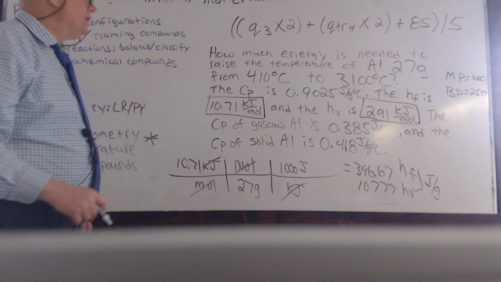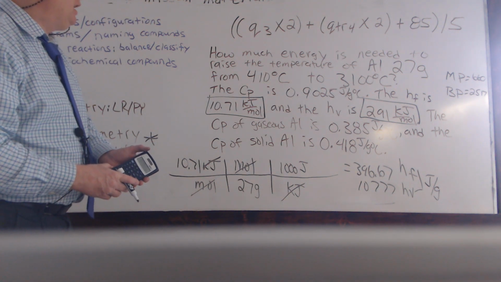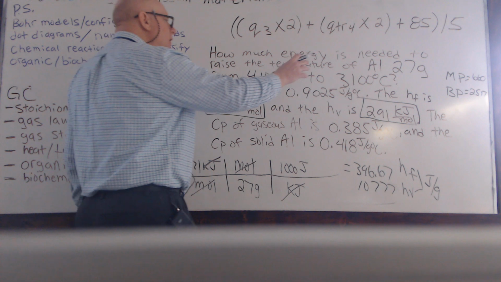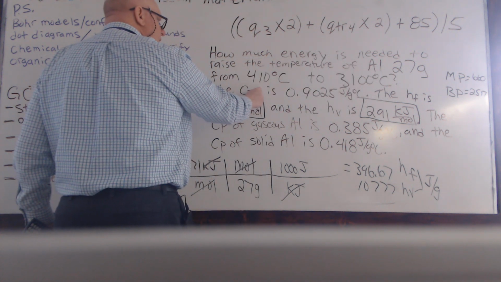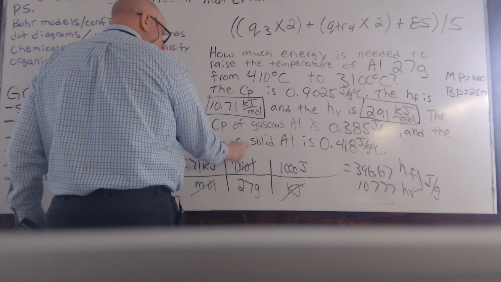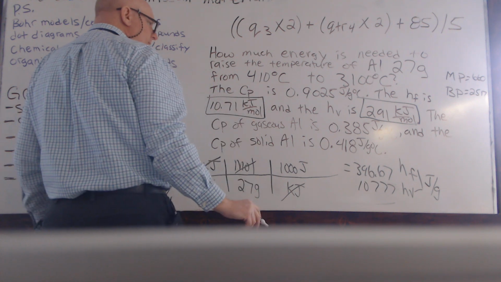In every step, you have to multiply your mass times your specific heat. We need solid first, because we have to melt it.